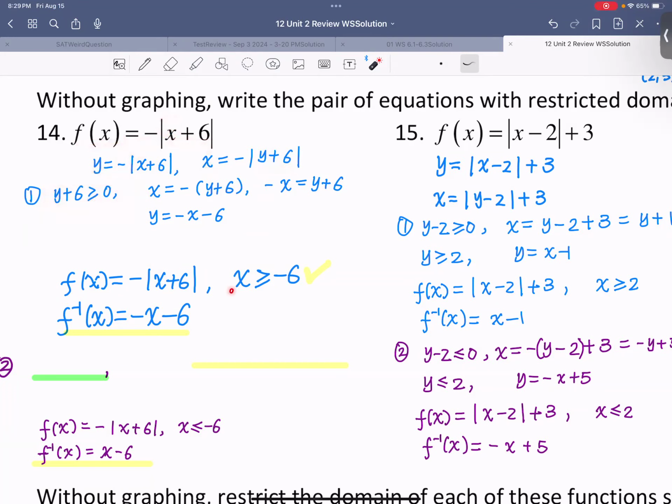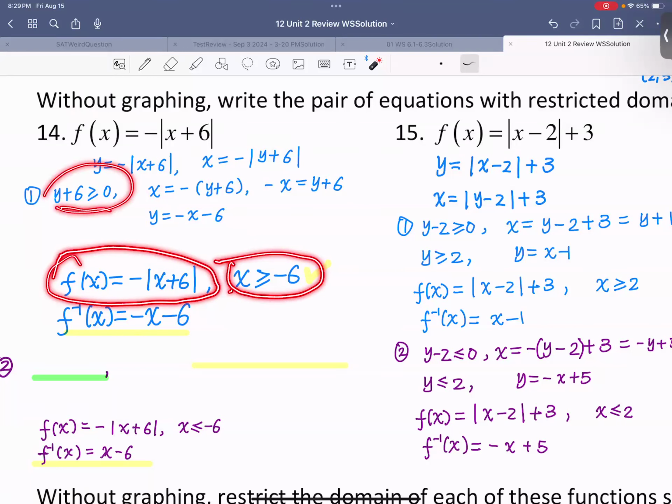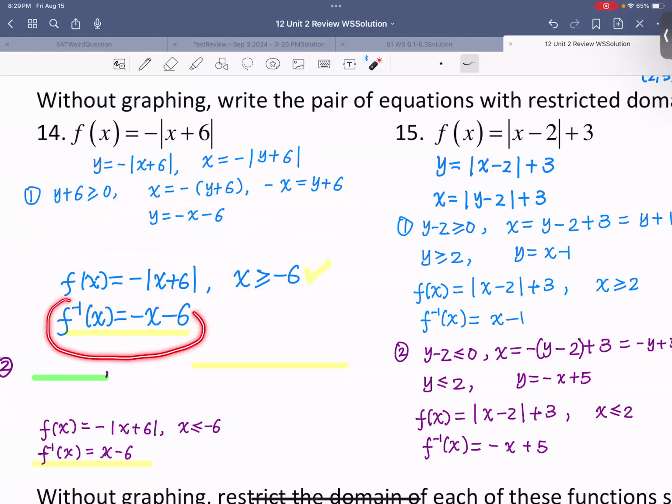So you should copy down the original function. And then this y greater than or equal to negative 6 is the original function's x greater than or equal to negative 6. And then for this condition, you have the inverse of this.